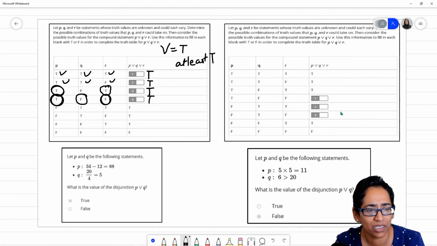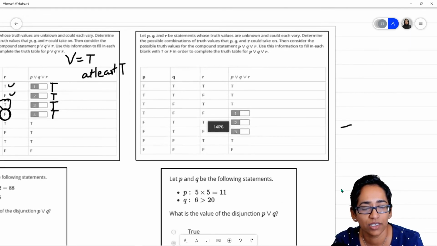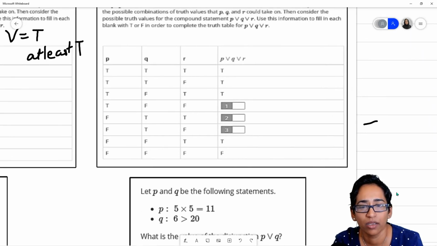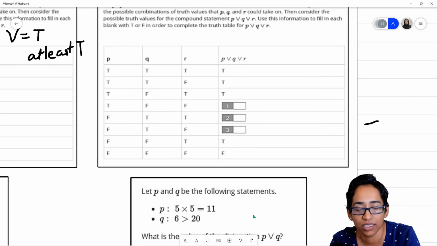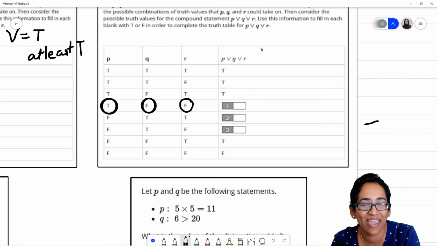I think I copied the same question again. No, it's a different question, but pretty much the same kind. Okay, same thing here. This is again OR: false, false, true. Remember, OR is true if any one of them is true.